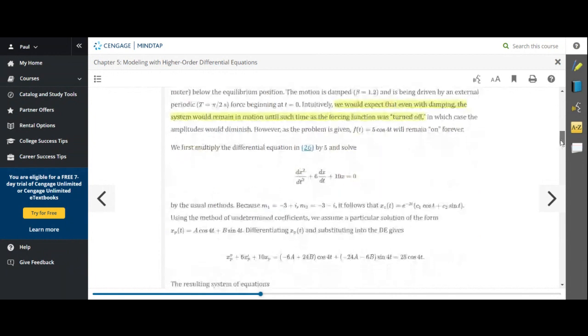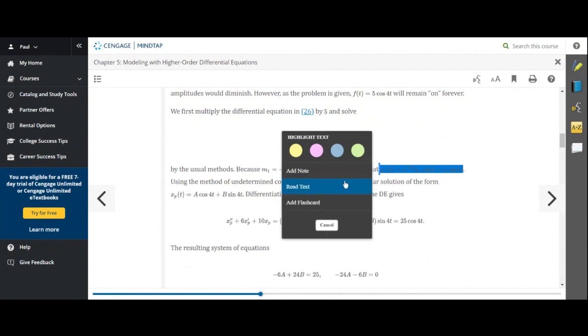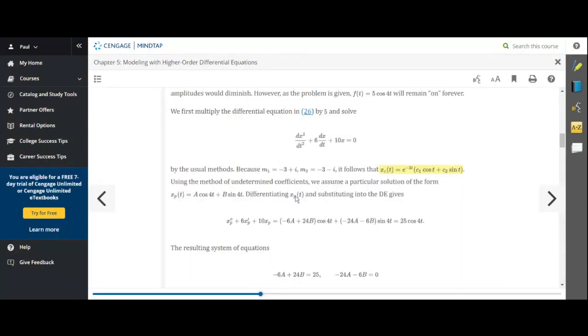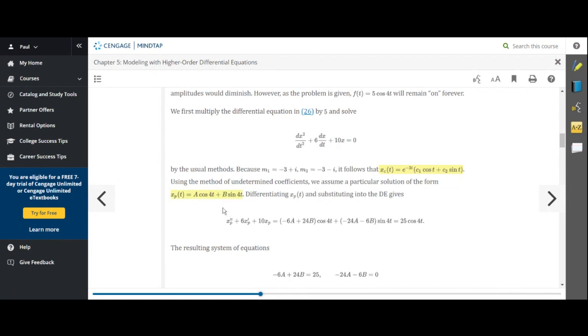By solving the auxiliary equation, you get a complementary function. And then, based on the fact that the driving force on the right is 5 times the cosine of 4t, your particular solution will be a linear combination of cosine and sine of 4t functions.